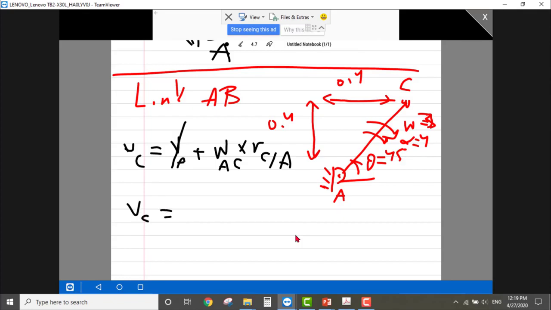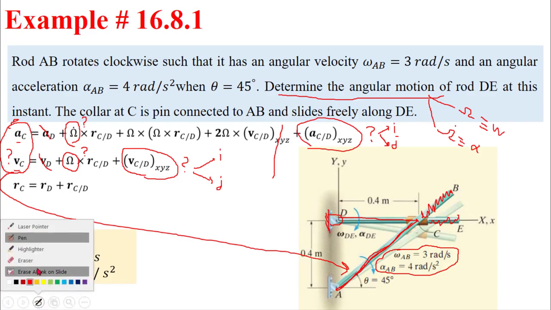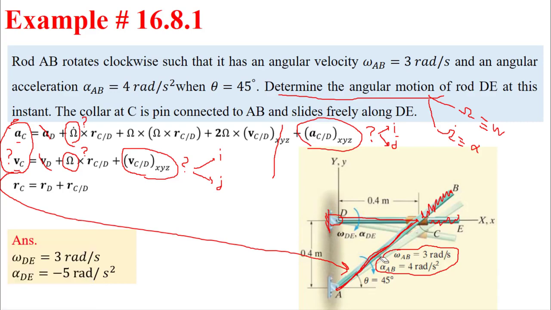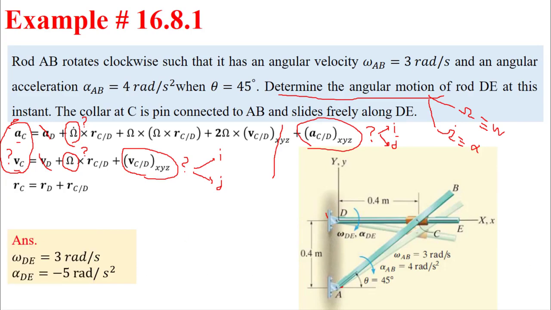Now Vc, and you know very well how to find the direction of Vc. So let me show you here. I will only erase this one here. So if this is rotated like this, then the direction of Vc will be in this direction.